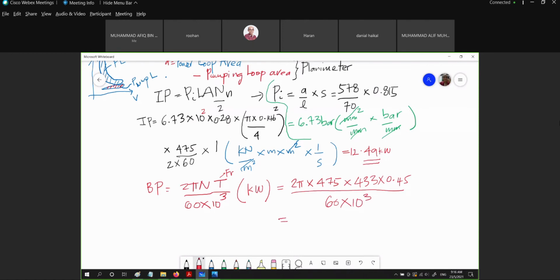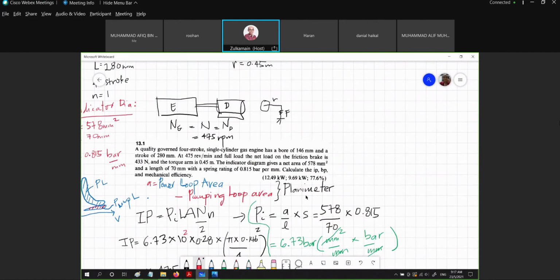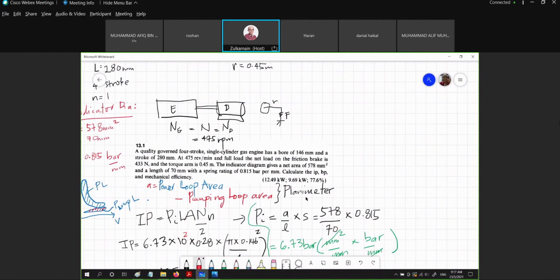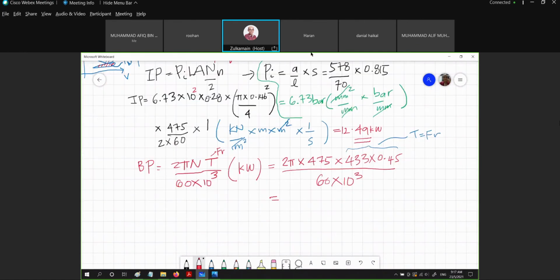Please take note right here: torque is equal to F and R. So, what is our BP? We should get 9.69.